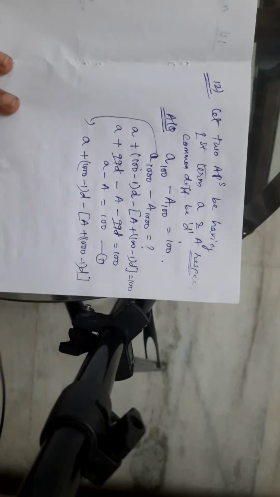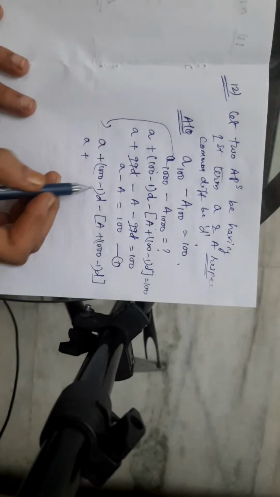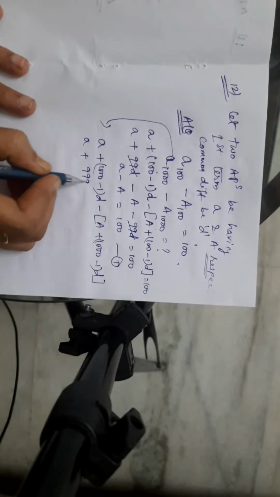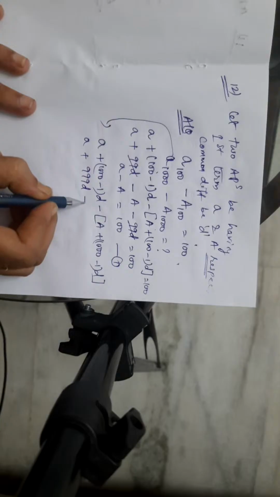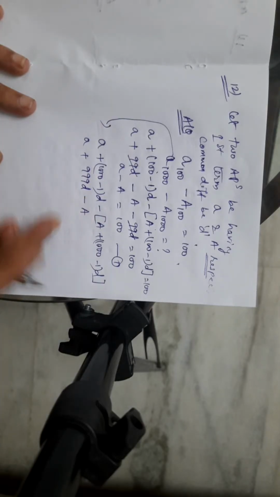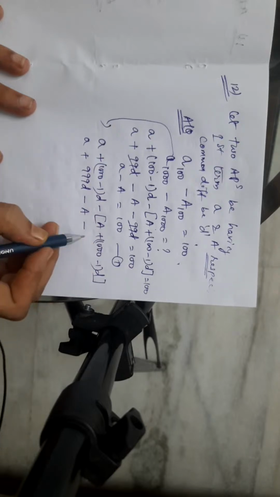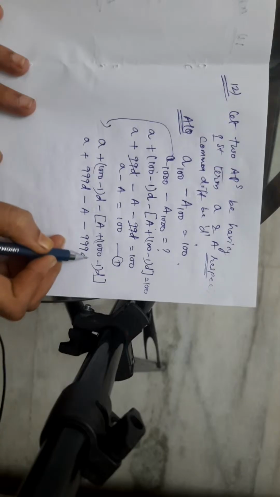So this we need to calculate. Here a plus 1000 minus 1 is 999 d, minus A, so just open the bracket, minus A, and 1000 minus 1 is again 999, so it's minus 999 d.